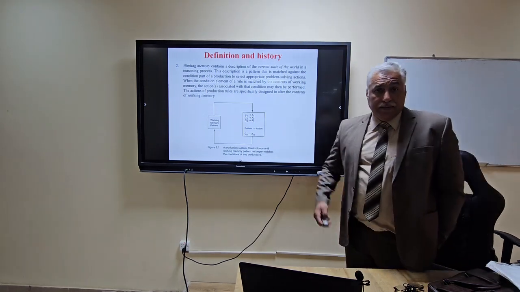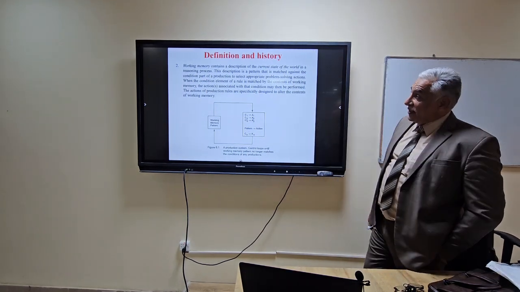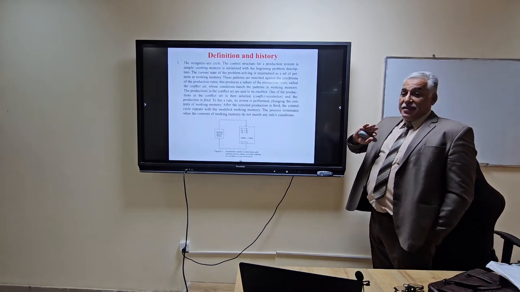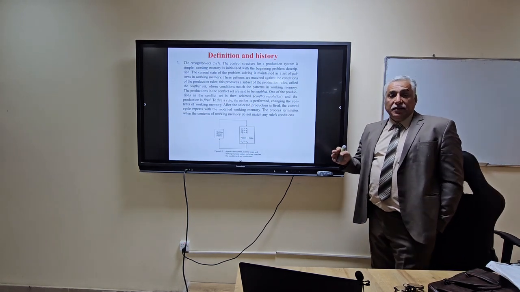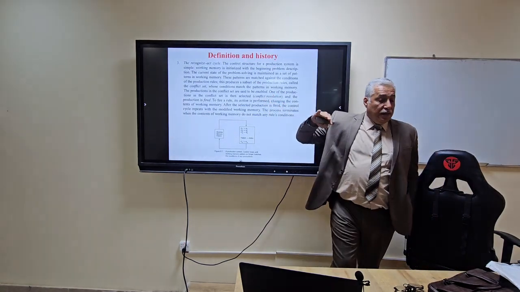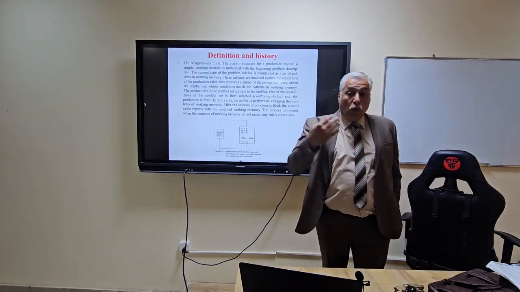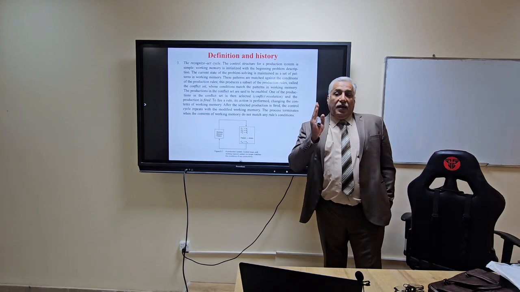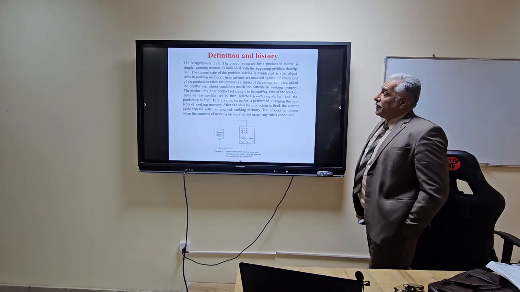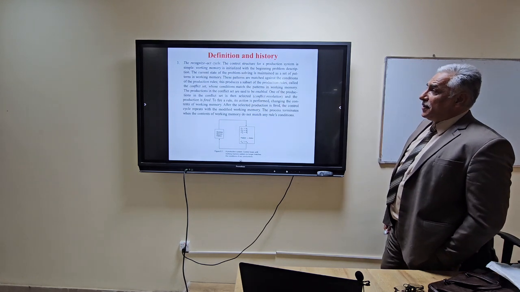And the third part of the production system, the recognize-act cycle. That means implementing the rules with the conditions and actions. The control structure of the production system is simple.